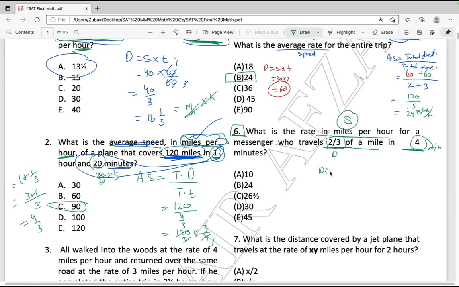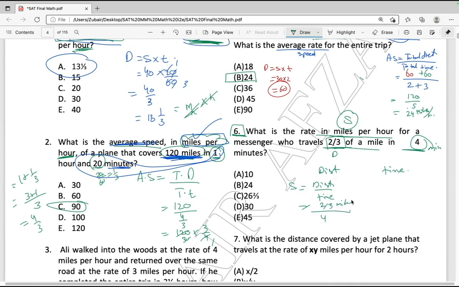So this is distance. This is time. Speed is equal to distance over time. Distance is already 2 by 3 and time is 4 minutes.